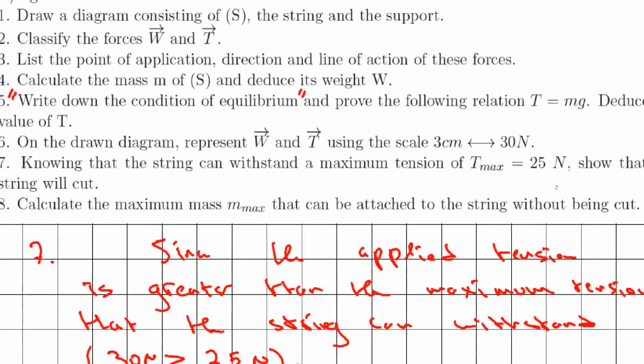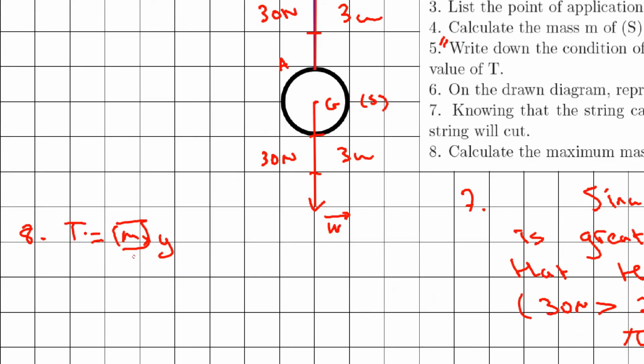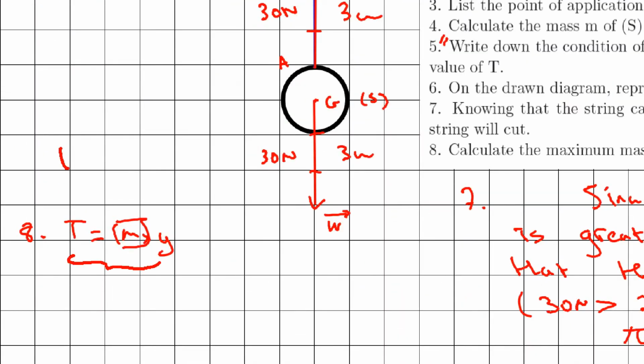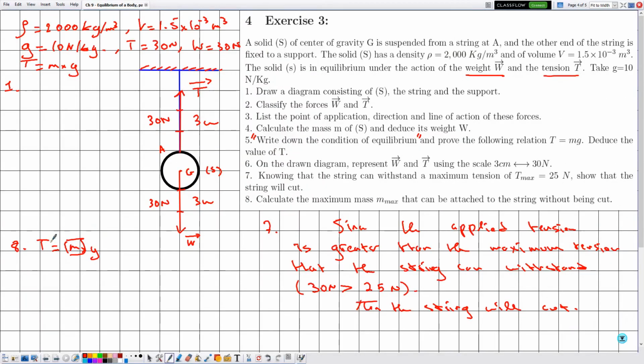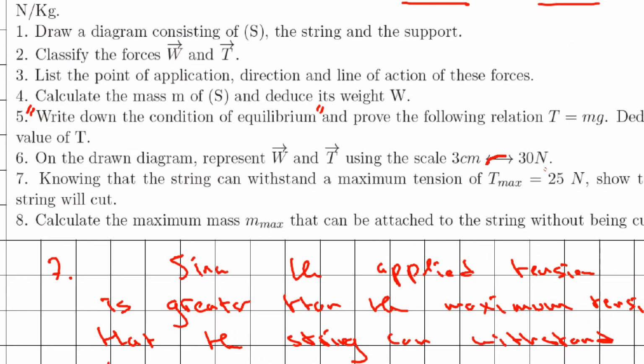But because we have T max, T max will be related to the maximum mass, knowing that the weight is equal to the tension. So whether we use this formula or the following formula, it is exactly the same, because the weight in this case is equal to the tension. But here I'm using M max because we know T max.